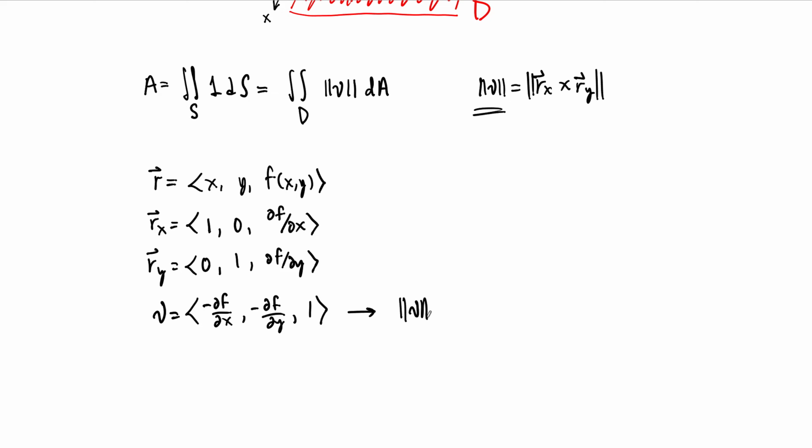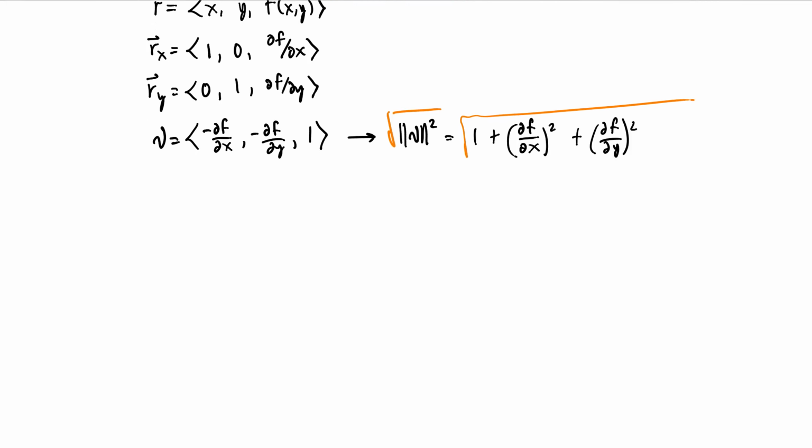And the length of nu squared is just the sum of the squares here. So I'm going to rearrange this and write this as 1 plus (df/dx) squared plus (df/dy) squared. And when this goes into our integral, we need to take the square root of both sides to get the length of this thing.